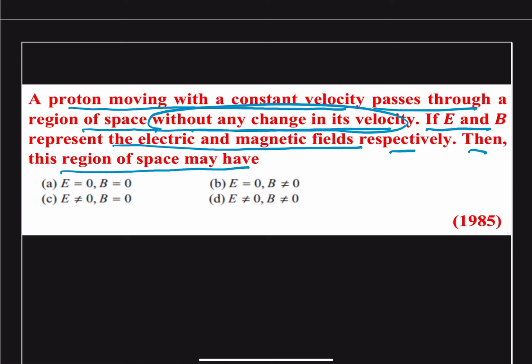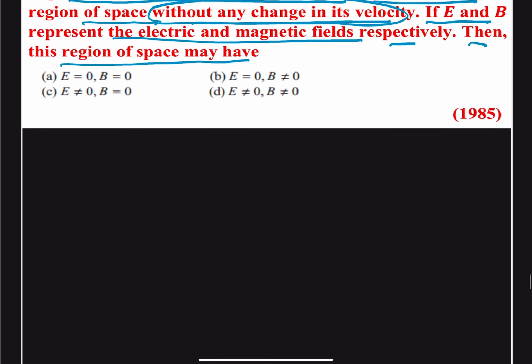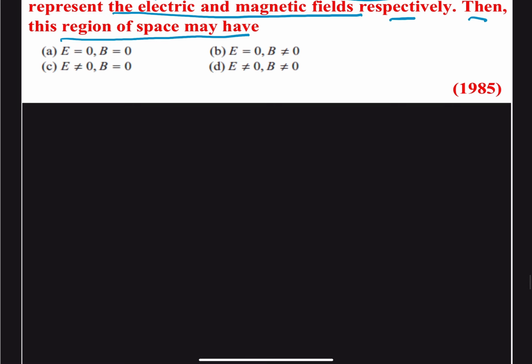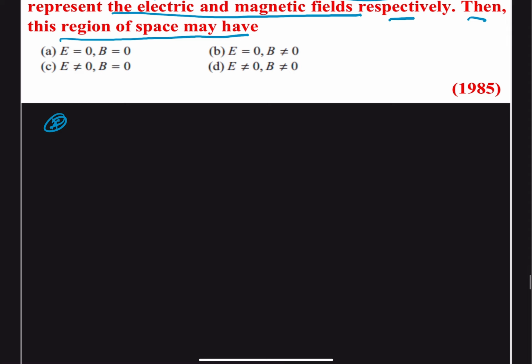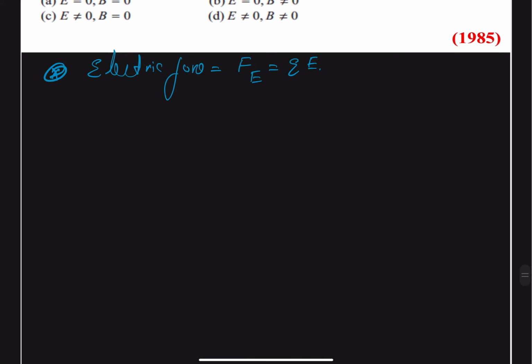So first of all, we are going to write the formula for the force because of electric field as well as magnetic field, and based on this we can draw certain conclusions. So we start with electric force. That is our Fe will be equal to charge multiplied by the electric field, and if there is only a non-zero electric field, then the proton will tend to accelerate.